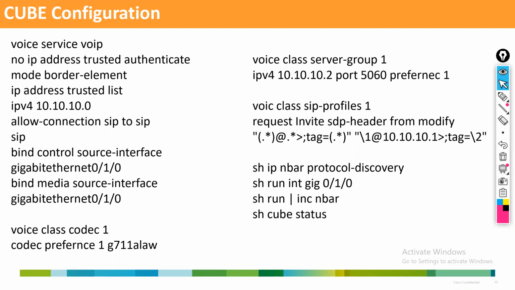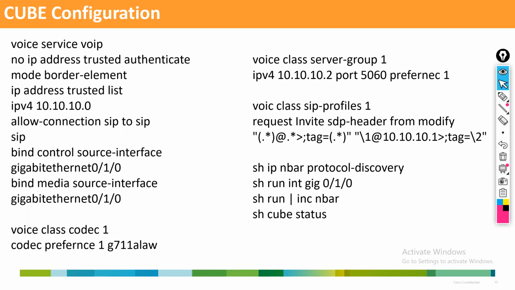Many organizations use SIP because H.323 comes in hexadecimal format, so reading the logs is a bit more difficult compared to SIP. SIP is clear text, so that's the reason we always go with SIP.